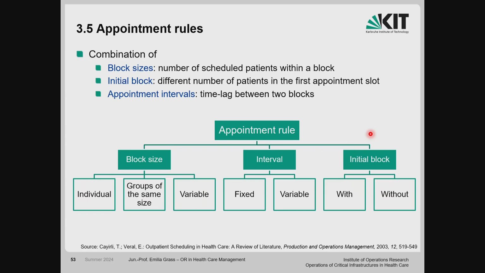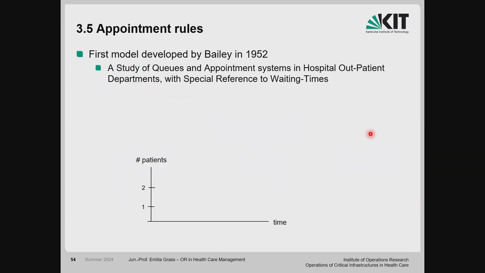Okay. So why could it be beneficial to have an initial block at the beginning of the day? That was a study from 1952. That was about queues and appointment systems, also in hospitals, and they focused on waiting times, but not waiting times for the patients, but rather for the physician, how long the physician has to wait for the patients.